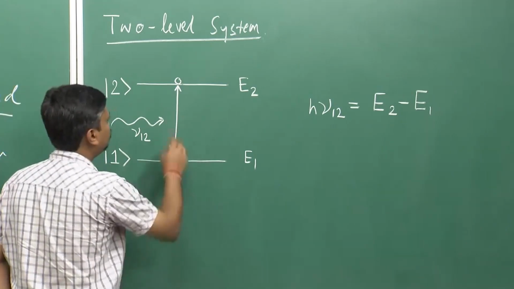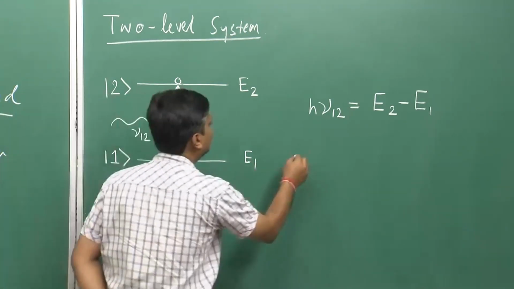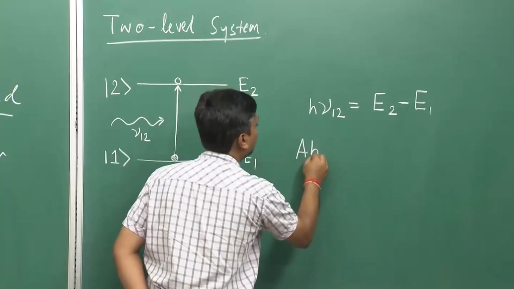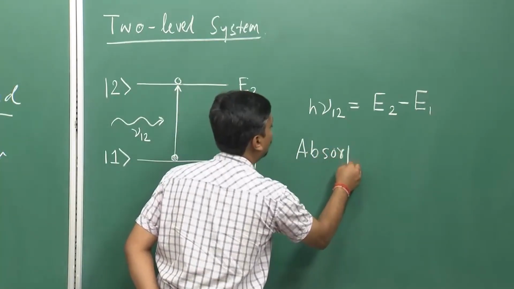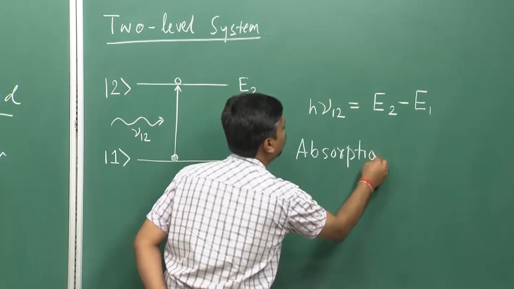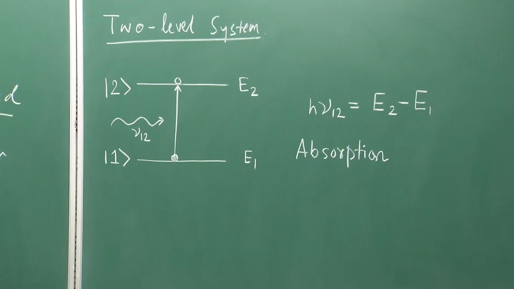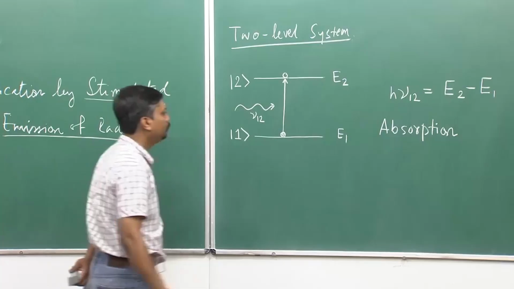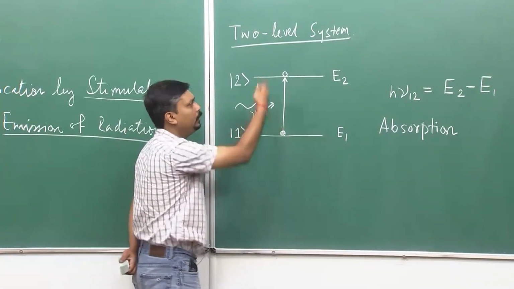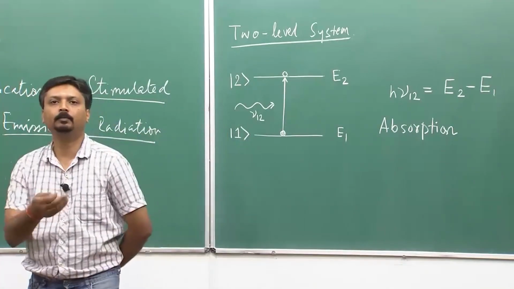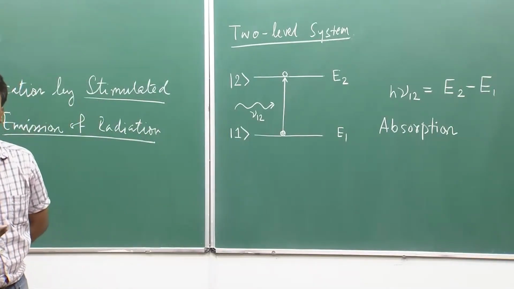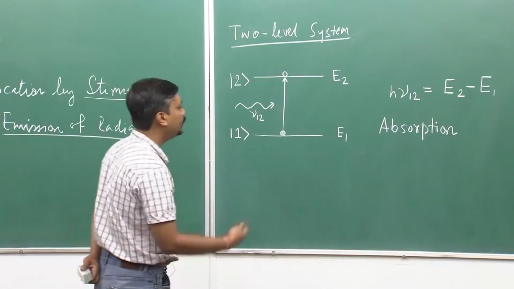So, this process is known as absorption of light, or in short we call it absorption. So when we let this process happen, what do I observe? So in other words, what is the observable?